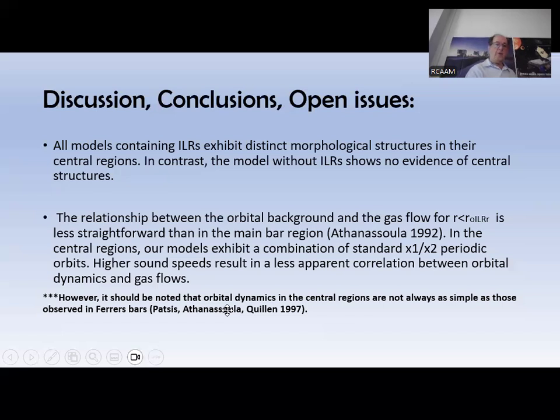Now, let me try to summarize and point to issues that should be discussed or are open issues or whatever ideas one can have. Well, it is obvious that we have structures in the innermost kiloparsec whenever we have an inner Lindblad resonance, any kind of structure.